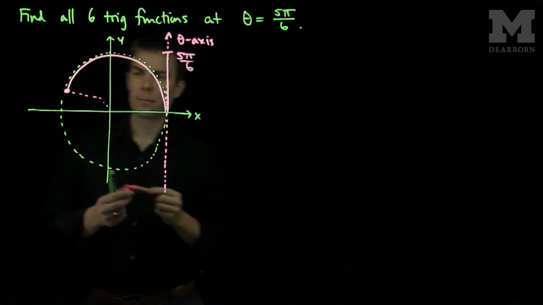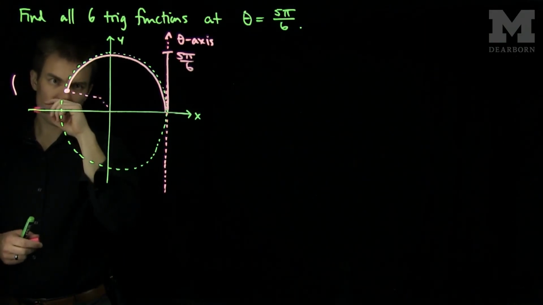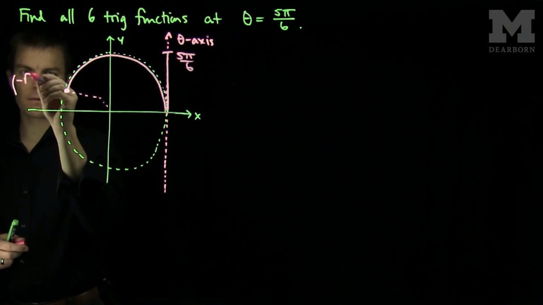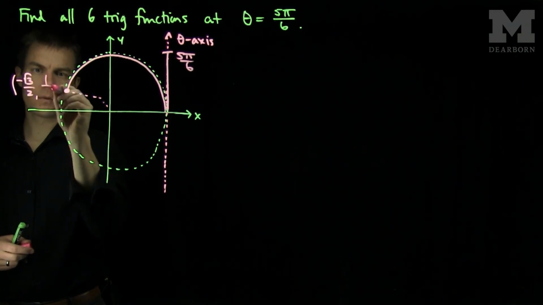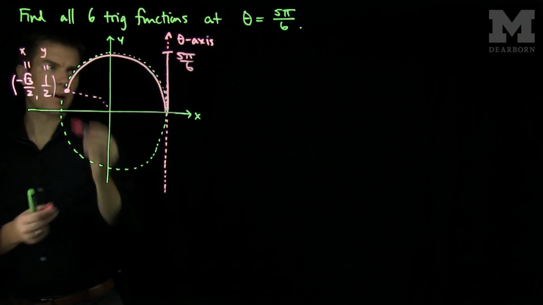We recall from the 5 pi over 6 video that the wrapping function at this point will correspond to the value negative root 3 over 2, 1/2. So this is my x value, and this is my y value.